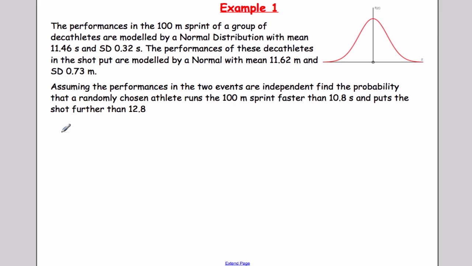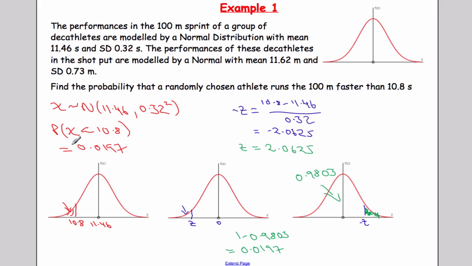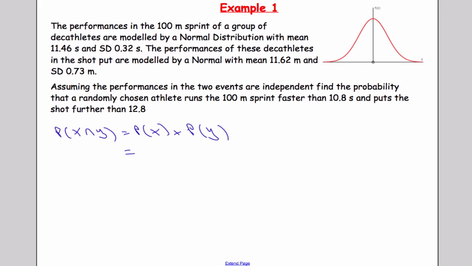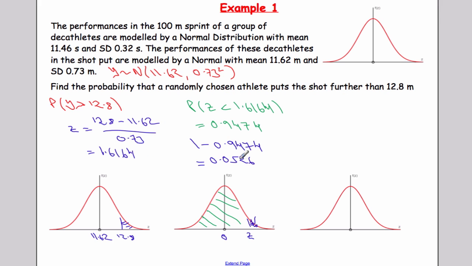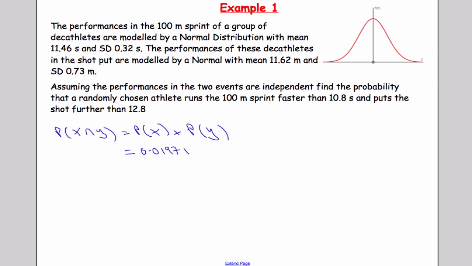And remember, when two events are independent, the probability of X intersection Y is going to equal the probability of X multiplied by the probability of Y. From the first part, the probability that X is less than 10.8 is 0.0197, and the probability of Y in this question was 0.0526. So we're going to multiply these probabilities together.